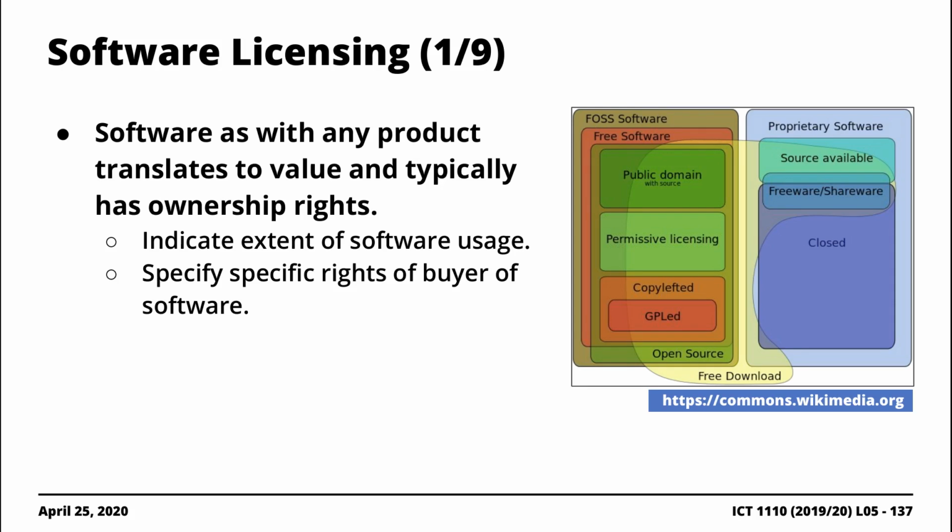And the copyright will outline who owns that piece of software, right? So if you develop a piece of software, generally the copyright would be under your name, but you'd be free to decide what sort of license you want to associate or attach to that piece of software.